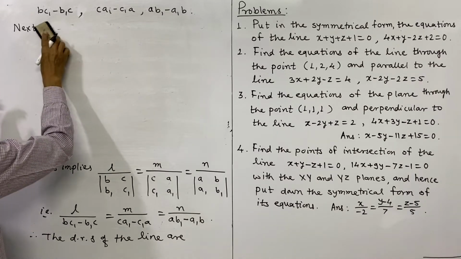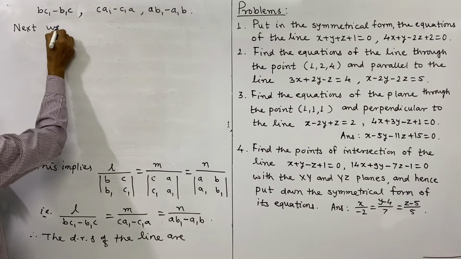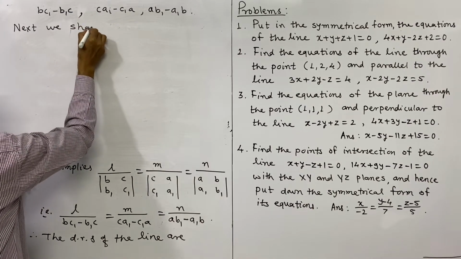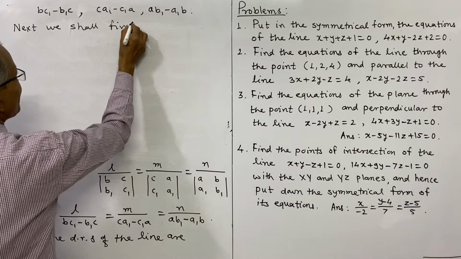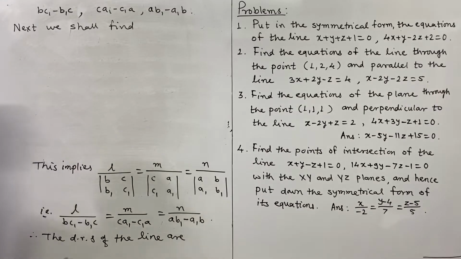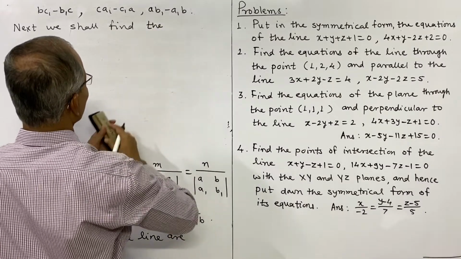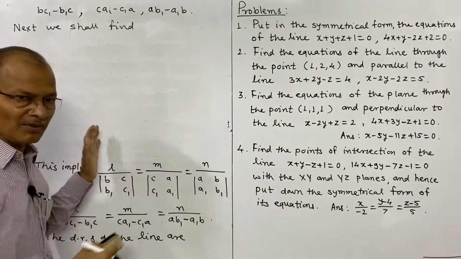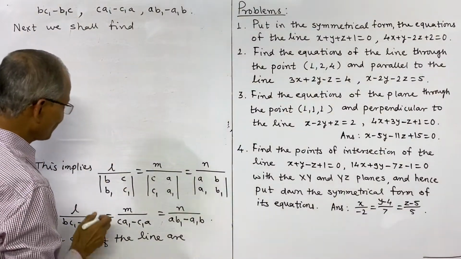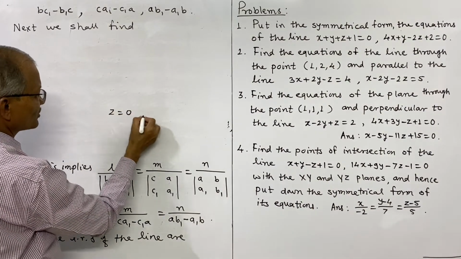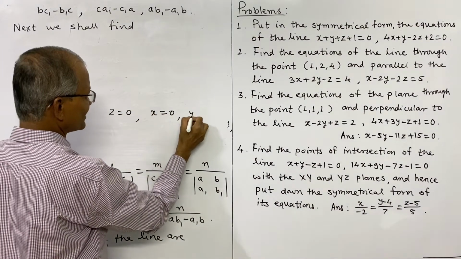Next we shall find the point. We have to find any point, and that point may be obtained with the plane either z is equal to 0, or x is equal to 0, or y is equal to 0.